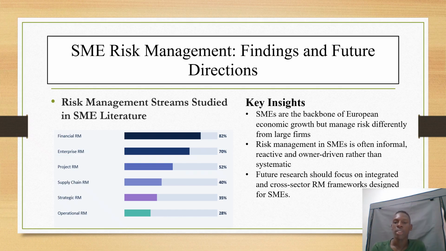So here it is often informal, reactive, and often owner driven rather than systematic. So future research should focus on integrated and cross sector risk management frameworks specifically designed for small scale enterprises.